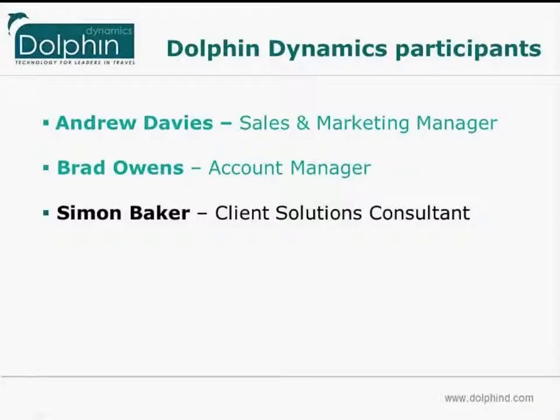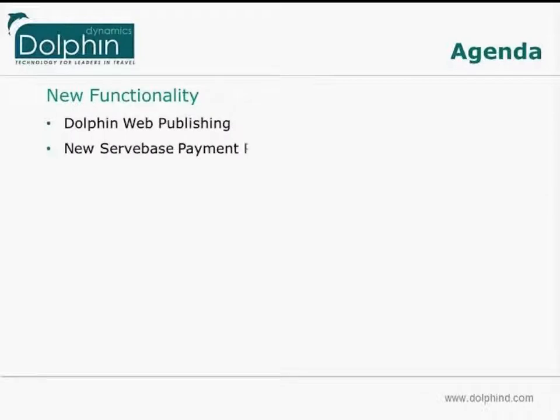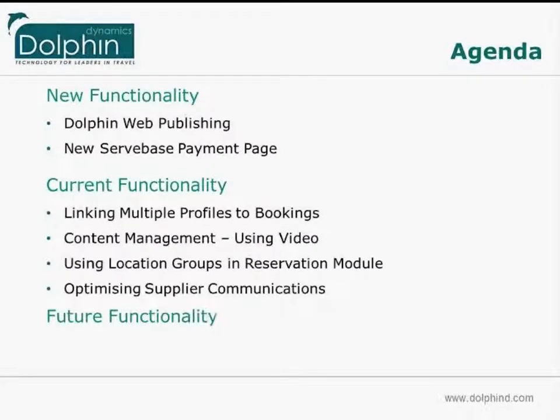So during this webinar, what we wanted to do was, first of all, cover a few of our existing functions. The agenda for today's webinar will be covering off new functionality, also current functionality, and then future functionality.